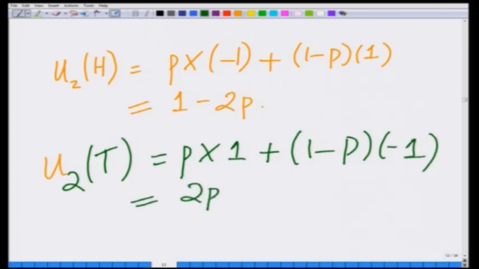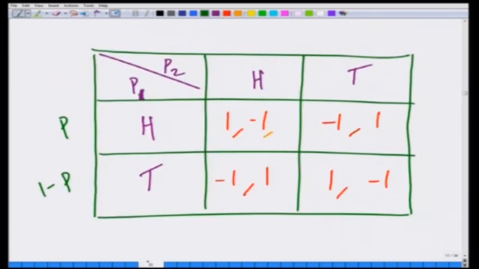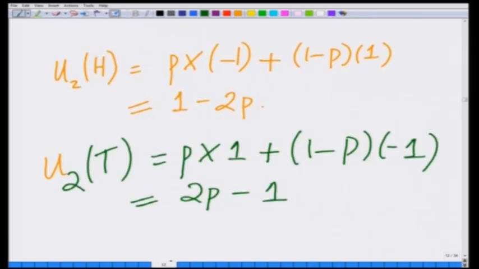which is equal to 2p minus 1. So what we are saying is, if player 2 is always choosing tails, then fraction p of the time his payoff is 1, fraction 1 minus p of the time his payoff is minus 1. Therefore, his net payoff is p times 1 plus 1 minus p times minus 1, which is equal to 2p minus 1.